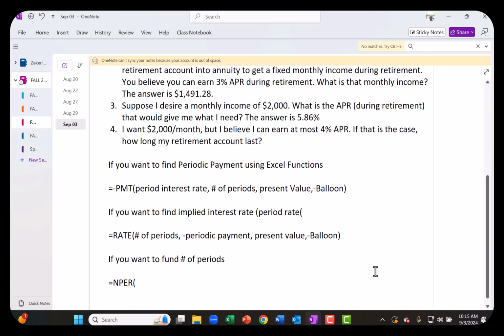So if you don't want to use this template, but you want to use something like this, you can use these functions.